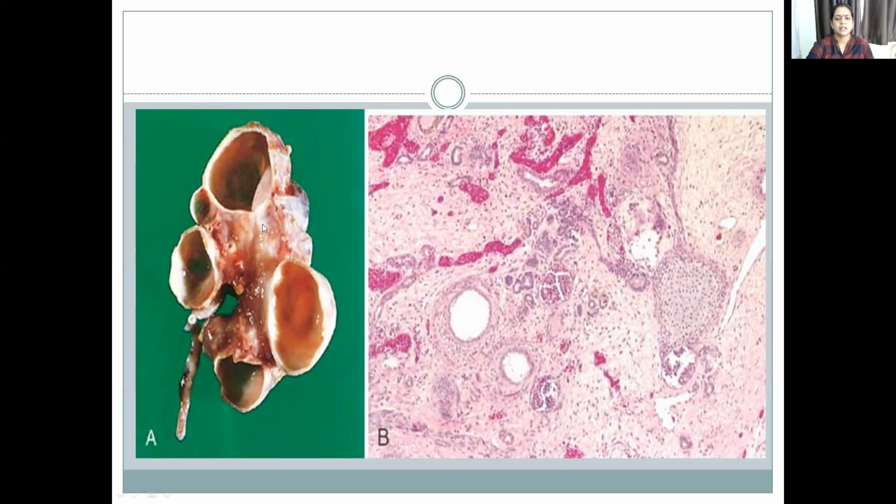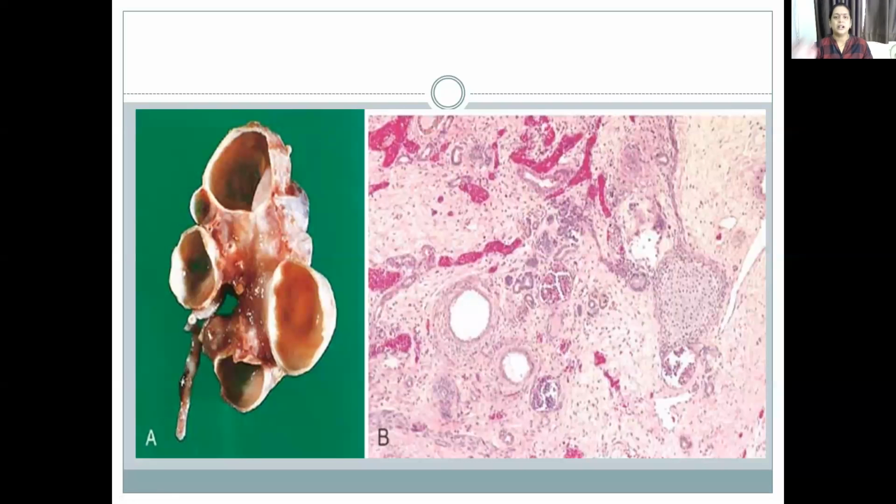So this is a hemisection. So here you are seeing the histopathological picture wherein you are finding this immature cartilage, the blood vessels, the immature tubules, and the immature glomeruli. Okay, so this is the microscopic picture of multicystic renal dysplasia.